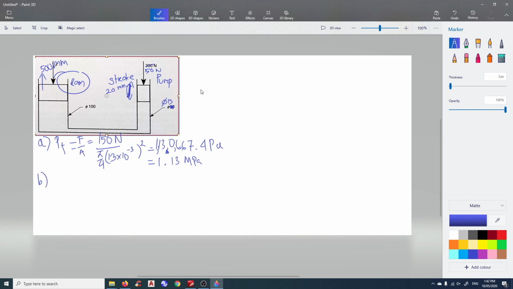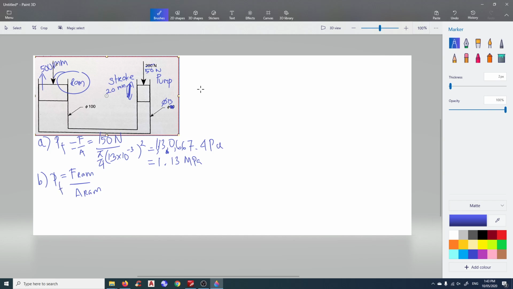Okay. Question B, what is the force on the ram? Again, pressure equals force on the ram divided by the area of the ram. So the pressure here will be the fluid pressure.